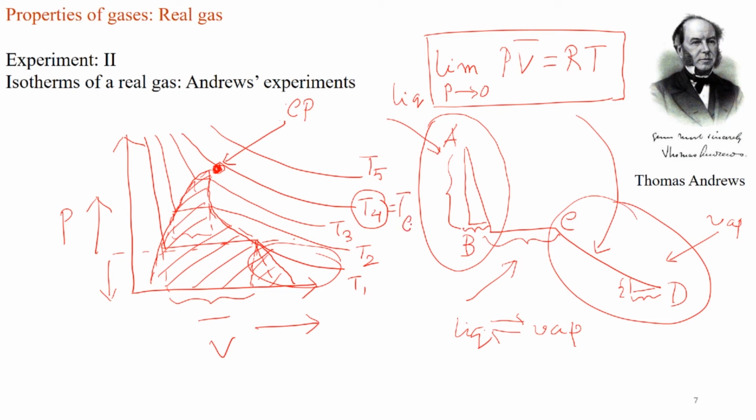So the ideal behavior is also observed above the critical temperature, where the substance is present always in the gaseous form. Therefore, we can say that the ideal gas behavior is obeyed for any real gas as long as either the pressure is low or the temperature is very high, which is above the critical temperature.